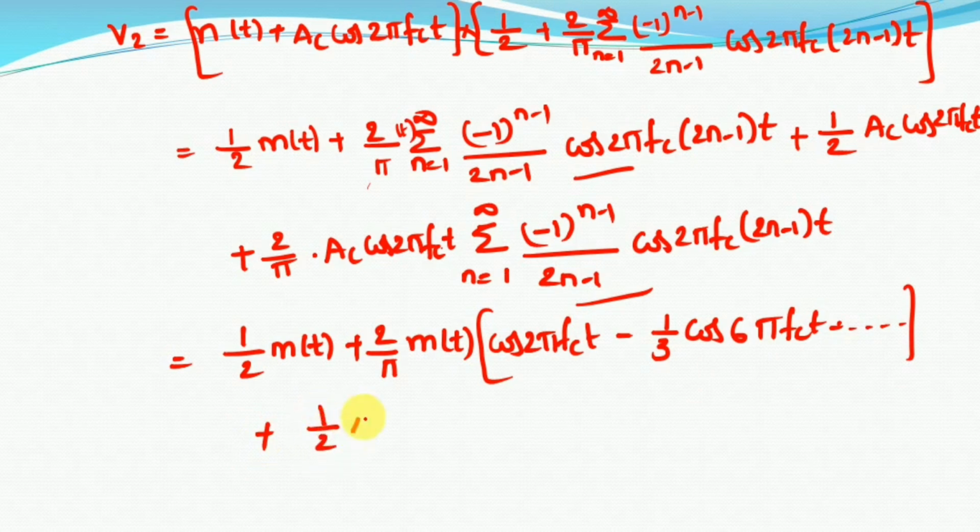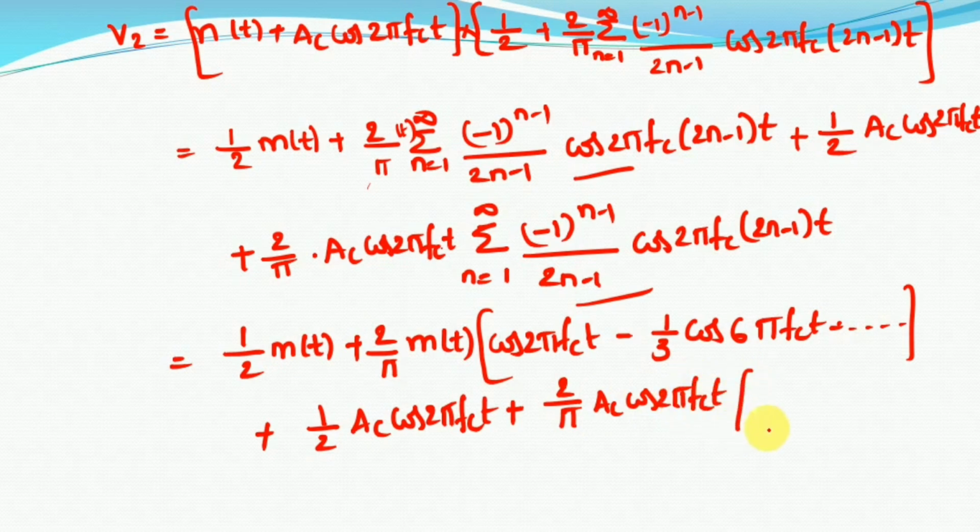Next is 1 by 2 Ac cos 2 pi fct plus 2 by pi into Ac cos 2 pi fct into, again its equation, cos 2 pi fct minus 1 by 3 cos 6 pi fct, and so on. Now simplify this equation.